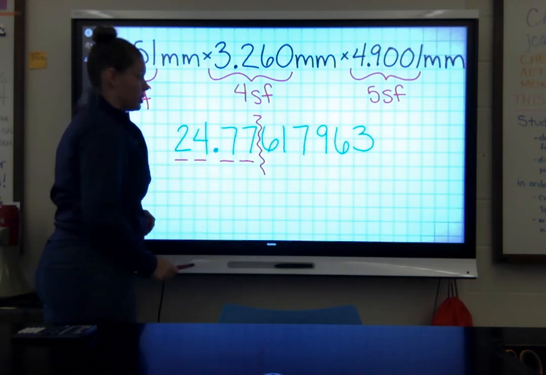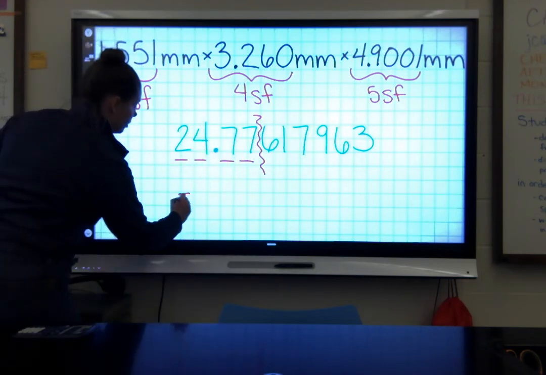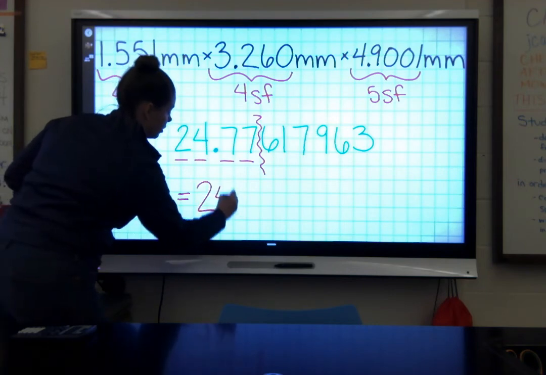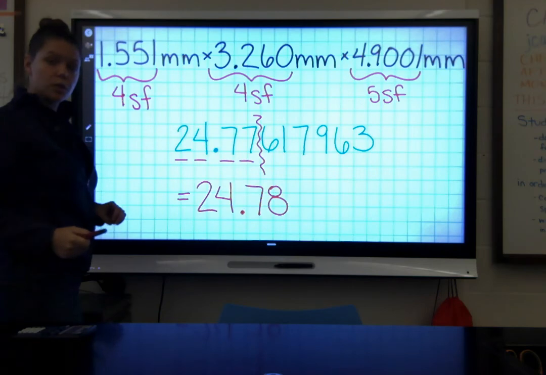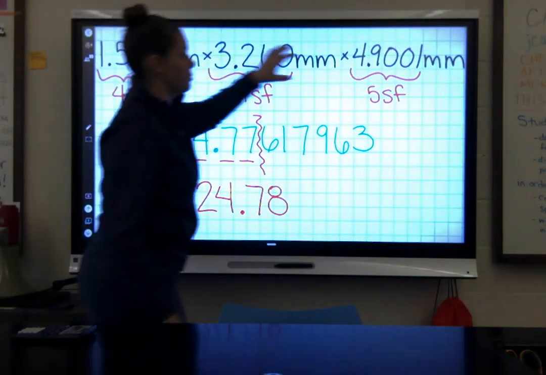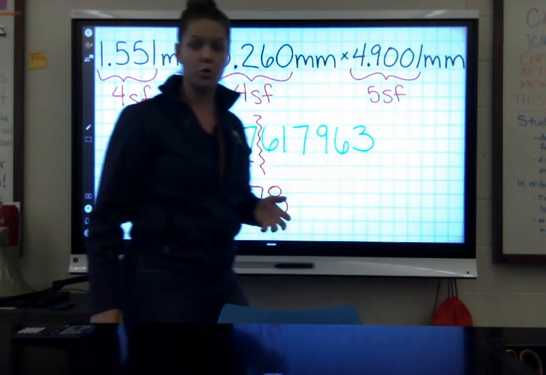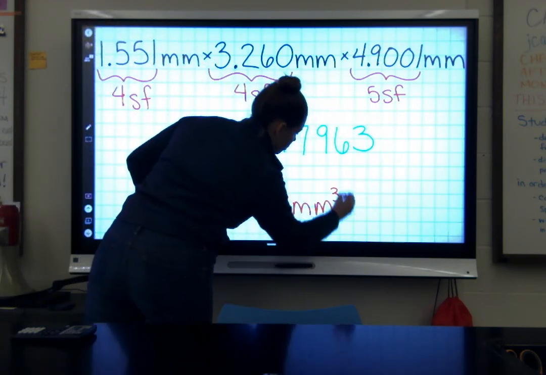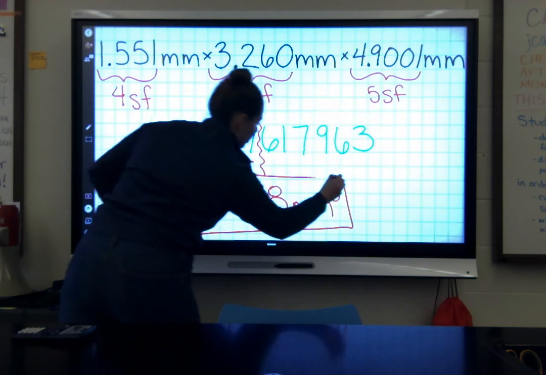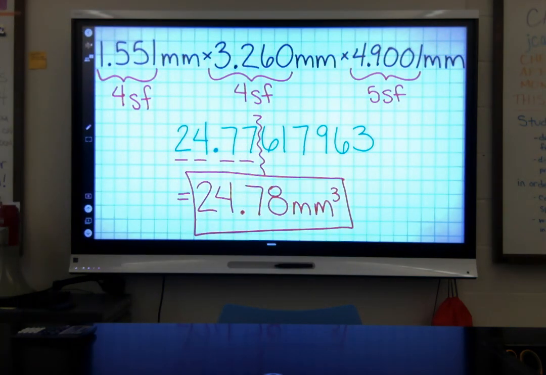So that 7 is going to become an 8. And our units for this one, we are multiplying millimeters 3 times, so that means cubic millimeters, which we write mm cubed. And that is our final answer for this question.